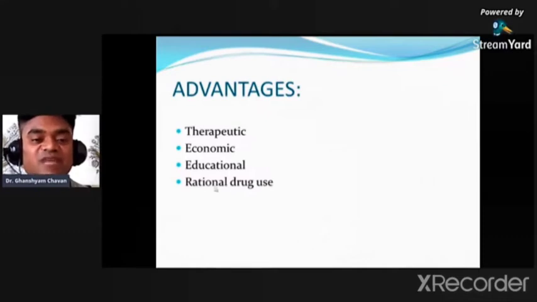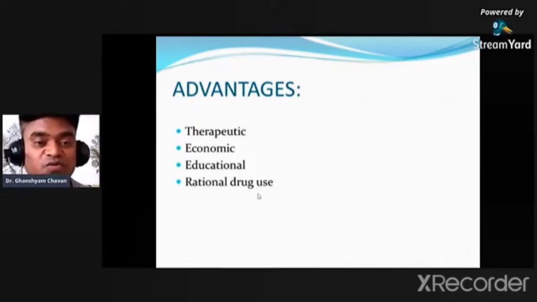If they are prescribing those drugs, it is called irrational drug use, and it will also produce the development of polypharmacy, which is unethical. We should never accept or expect this irrational drug use.